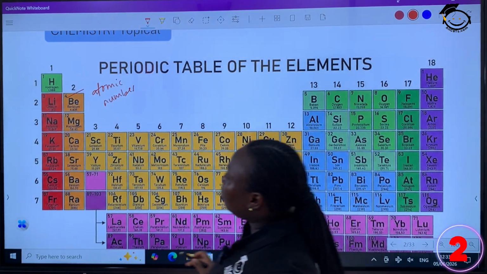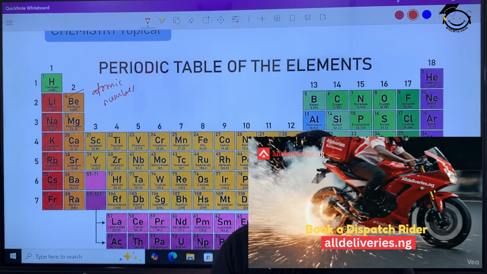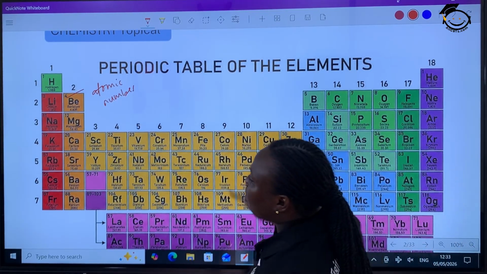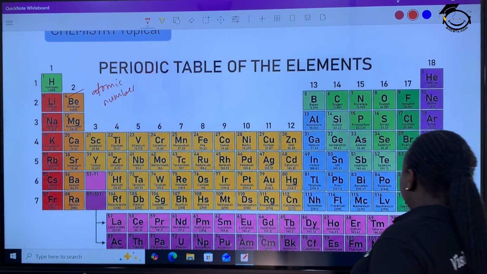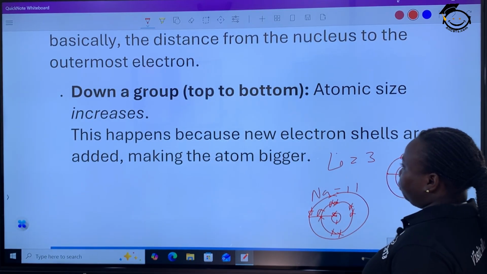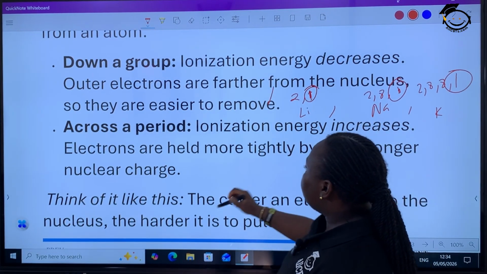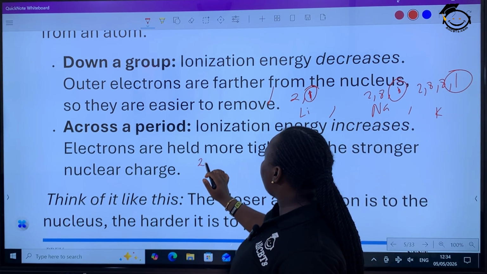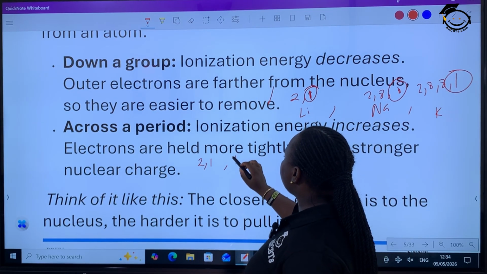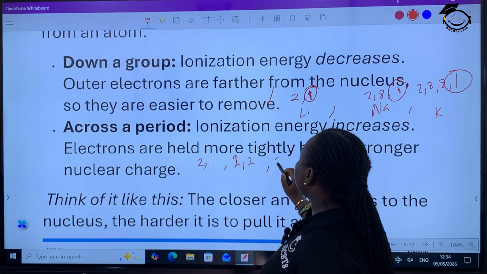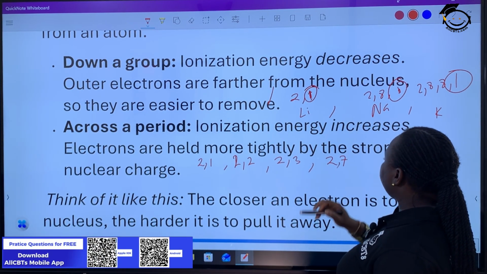Okay, let's take lithium, beryllium, boron, and fluorine. Lithium is 2, 1, beryllium is 2, 2, boron is 2, 3, fluorine is 2, 7.